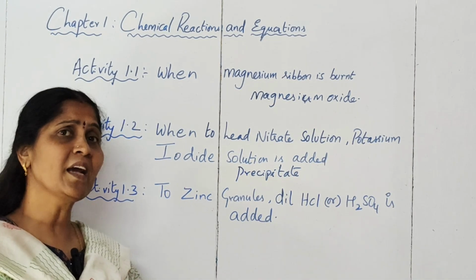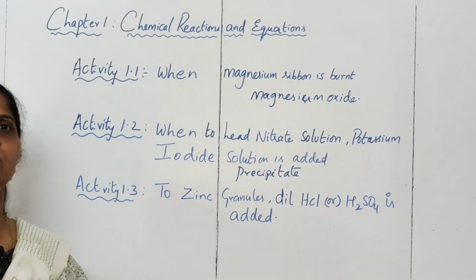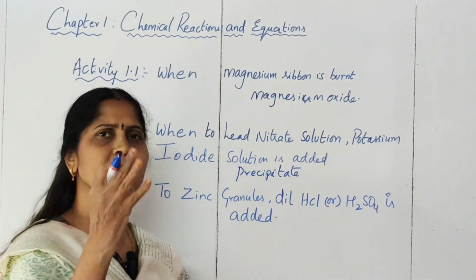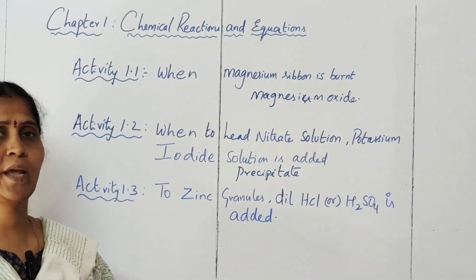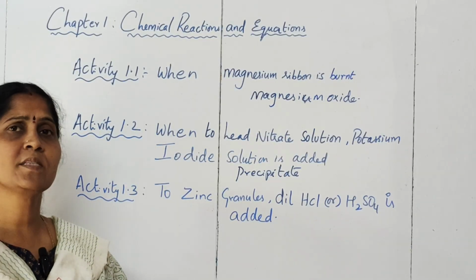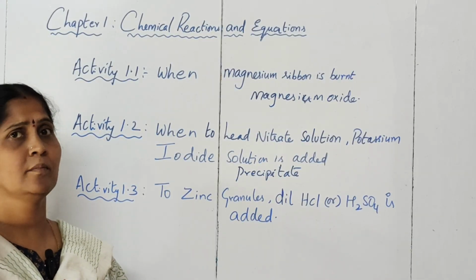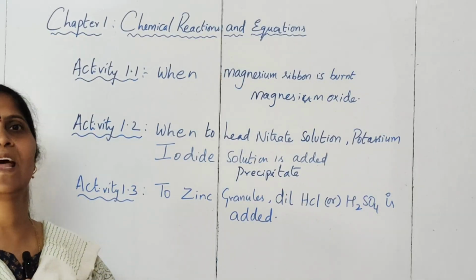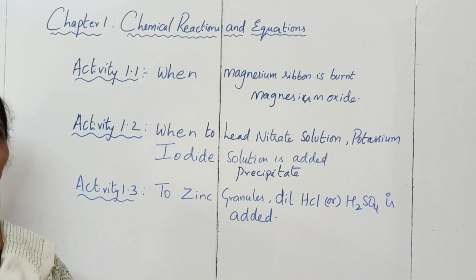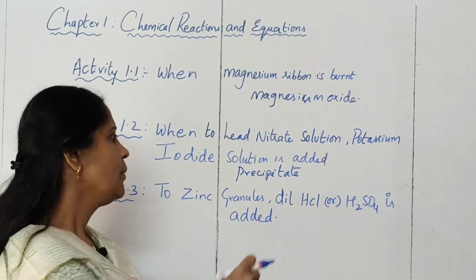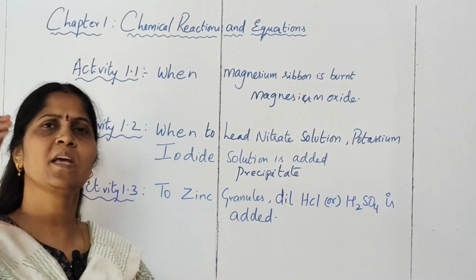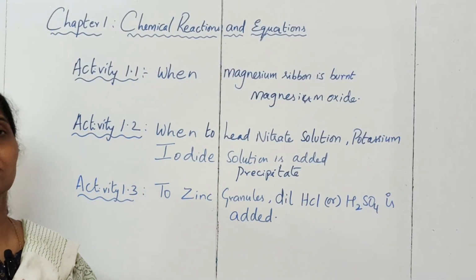Next, to zinc granules in a conical flask or test tube, when you add dilute hydrochloric acid or sulfuric acid, what will happen? You can see small bubbles evolving near the zinc granules. That is because of the release of hydrogen gas, due to the chemical reaction between the zinc granules and the hydrochloric acid or sulfuric acid.